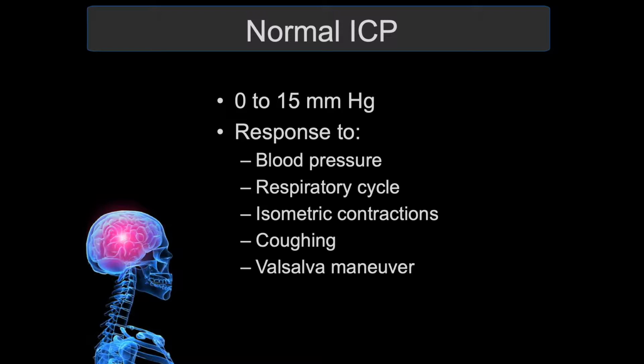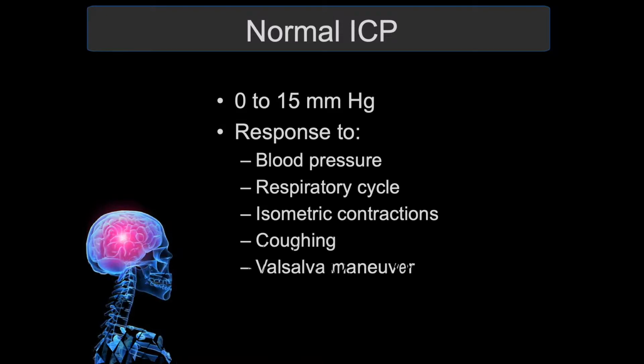Through a process of accommodation and compliance, ICP is maintained at its normal level of 0 to 15 millimeters of mercury, despite periodic increases in pressure that occur with straining during defecation, coughing, or sneezing. Any increase in volume in one component must be compensated for by a decrease in the volume of one of the other components.